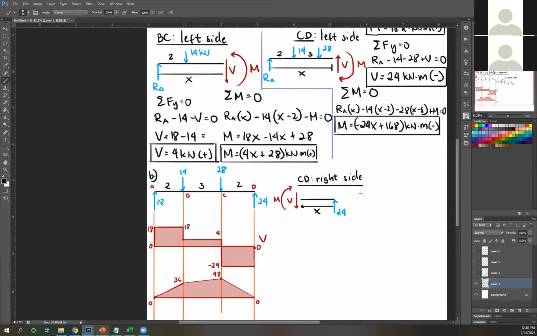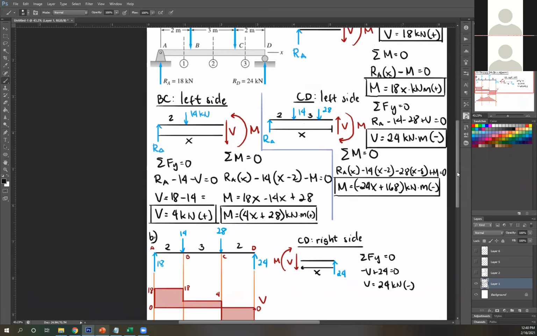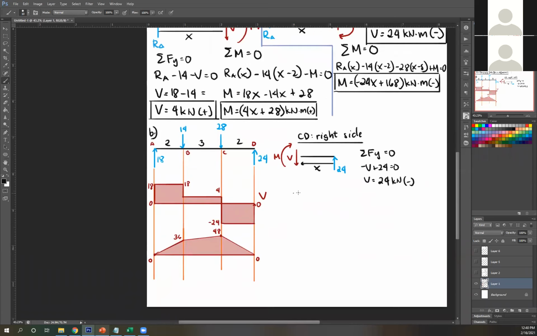Create your equation. Summation of forces y equals 0. So negative V plus 24 equals 0. V equals 24. Positive, therefore correct assumption, kilonewton. Then C, is this clockwise or counterclockwise? So it's counterclockwise. So this is negative. Okay. Next, moment.